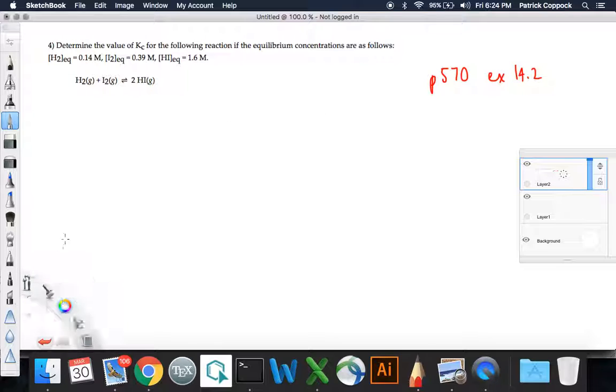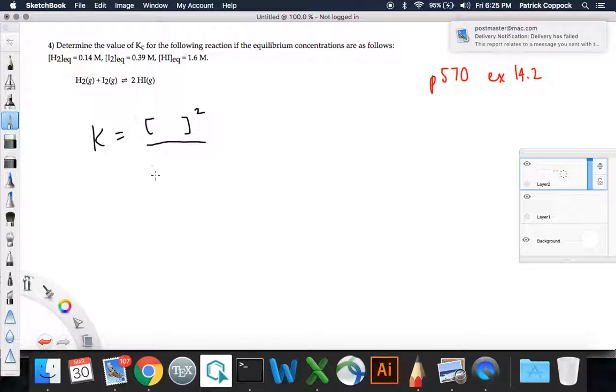So if you want a slower, more clear explanation, please go to that video. Okay, so determine the value of Kc. So K is equal to the products over reactants, right? Well, here's the products, and that's squared. Right, and here's the reactants. Agreed? And that's K. So I'm just going to go ahead and put those numbers in there and calculate it.